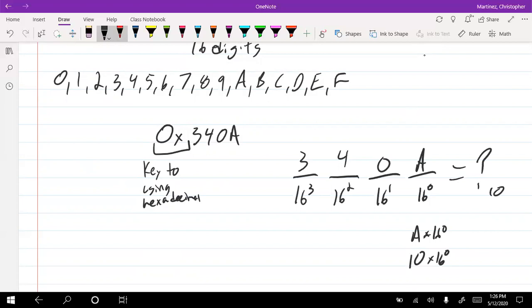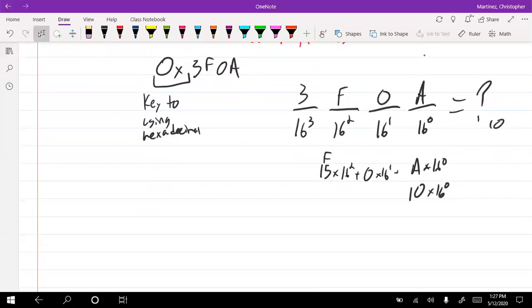Here, let's change this 4 to an F. Well, when you do this F, you're going to do that as 15 times 16 to the 2. So you have to remember that A through F is 10, 11, 12, 13, 14, and 15. Okay.